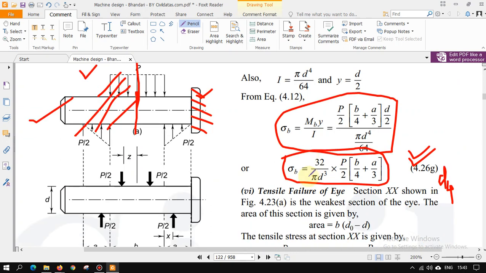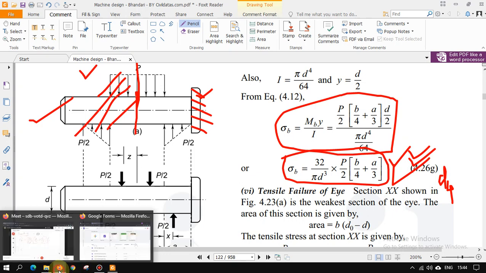Sigma B is equal to 32 by pi D cubed into B by 4 plus A by 3 into P by 2. Can you see the bending stress formula? Yes, sir. Okay, fine.